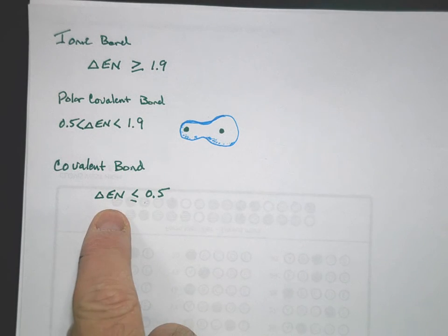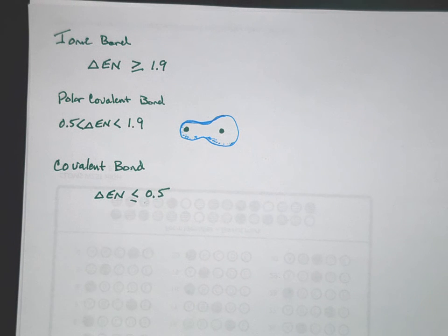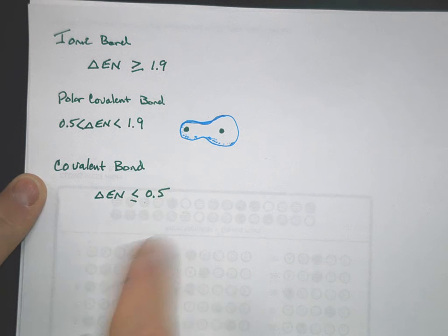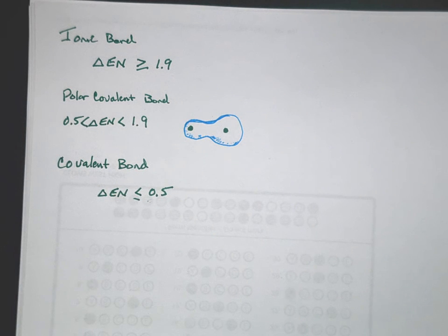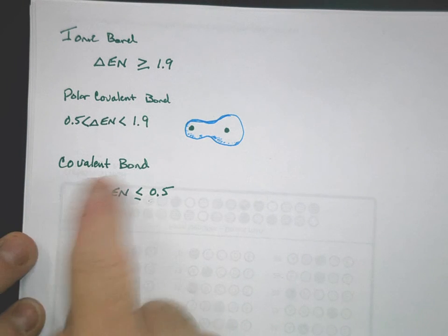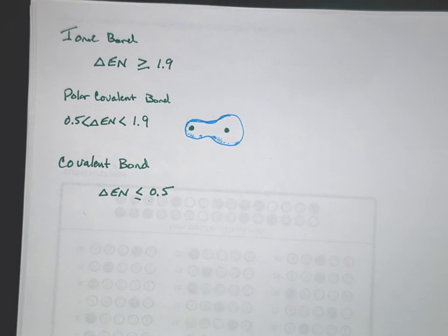That would be less than 0.5, right? So the bond between two atoms of the same element would be a purely covalent bond. I'll give you a hint: covalent bonds only happen with nonmetals. We don't do any metals with this one. That's just a little hint right there.